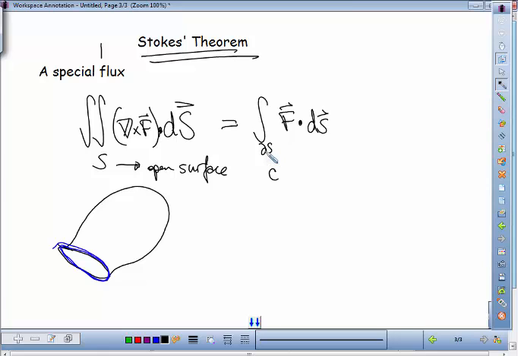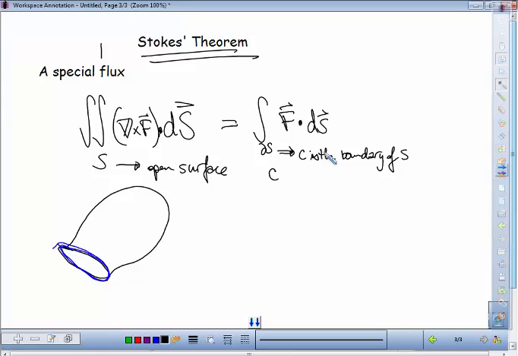Now that looks like a partial notation. That's the notation they use for the boundary. C is the boundary of S. So if your surface is open, it's necessarily going to have a boundary, right?